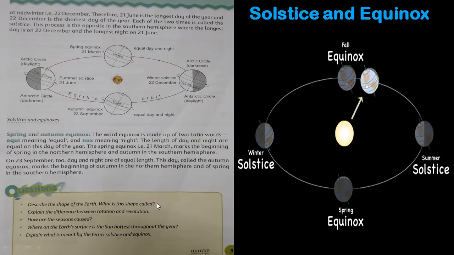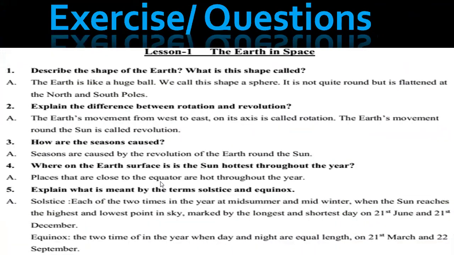Now we have finished our first chapter, we have a question answer over here down. You can see that ones. I will make you understand. Here we have 5 questions with answer. The earth in space. First question is this one.